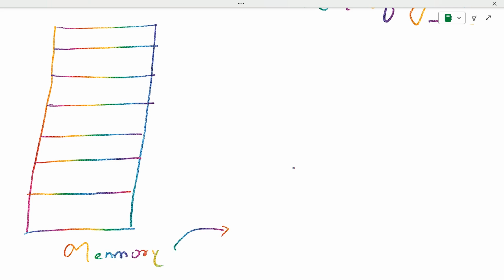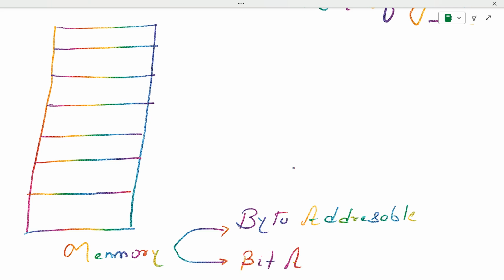First is byte addressable, and second one is bit addressable. Now what is byte addressable and bit addressable?